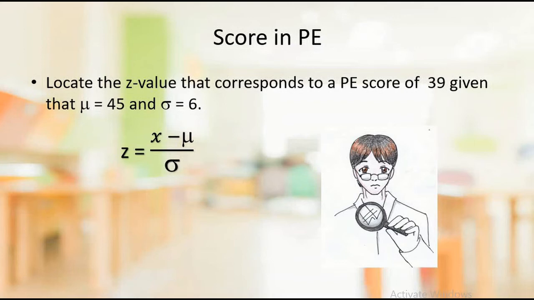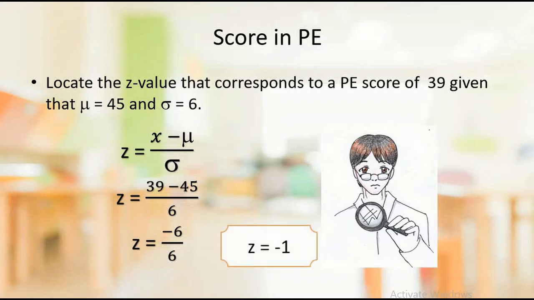So z is equal to 39 minus 45 over 6. Z is equal to negative 6 over 6. So z is equal to negative 1. So the z-score that corresponds to a PE score of 39 is z is equal to negative 1.